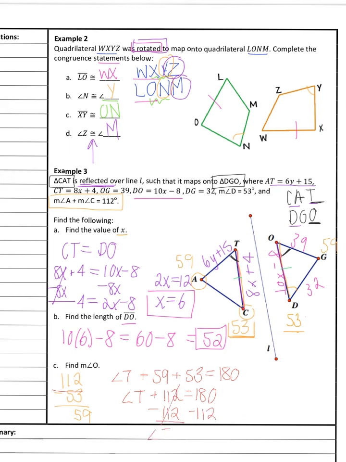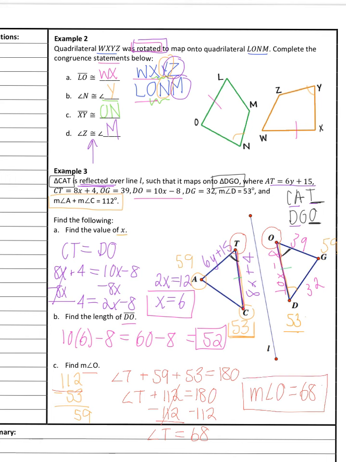And we're going to be left with angle T equals 68 degrees. The question said angle O though, but again, if I look, angle T would correspond with angle O. So therefore, the measure of angle O is also 68 degrees.